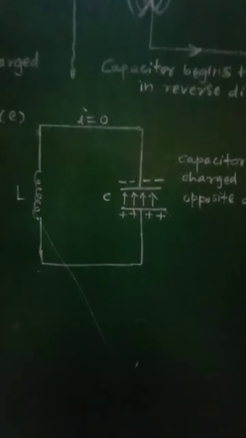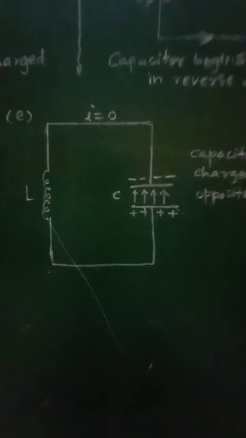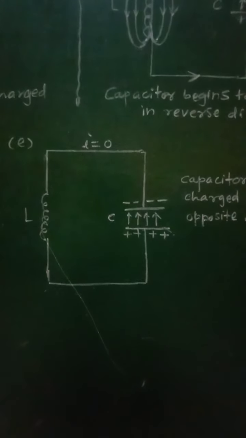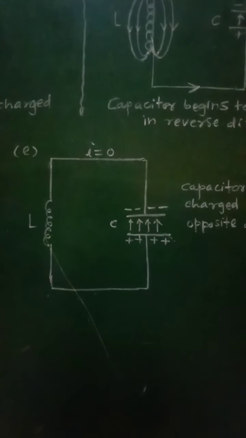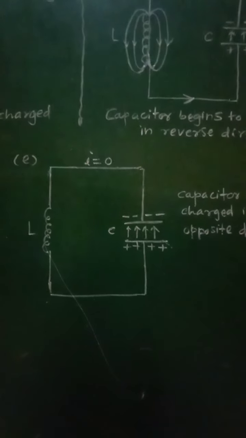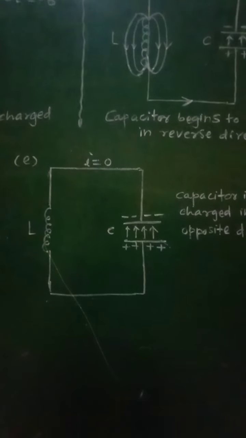So during the conversion of electrostatic energy into magnetic energy or magnetic energy into electrostatic energy, some part of the energy will be radiated in the form of electromagnetic waves, and therefore the oscillations will be damped oscillations.